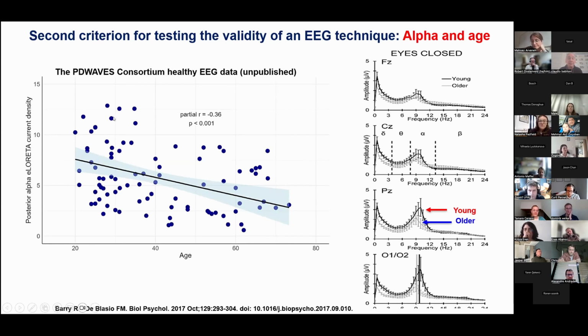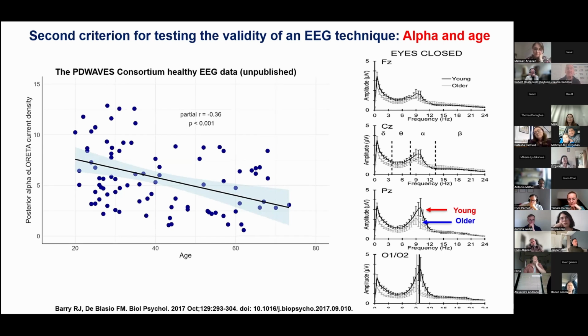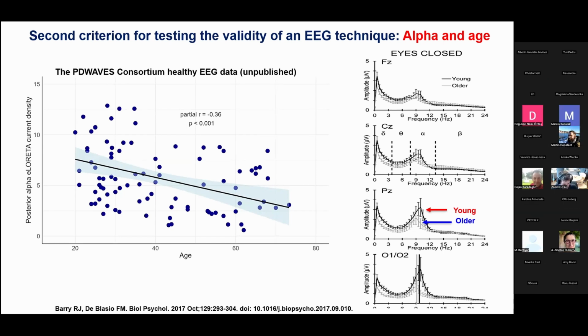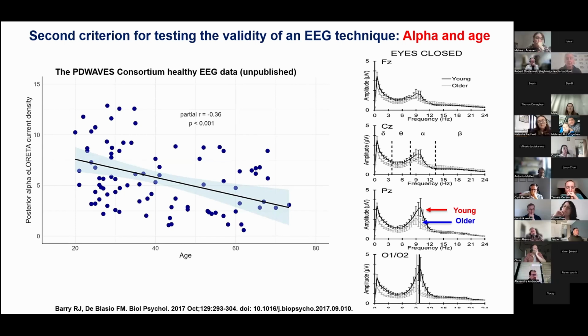And you see that typically you have a greater posterior alpha power density in younger people compared to older people. So ideally, if you have a valid high performance technique to remove artifacts, to compute the power density spectrum, and to disentangle aperiodic and periodic components of the spectrum, ideally you could increase this kind of association between alpha power density and age in healthy subjects. And this can be a criterion to compare different techniques to provide the power density, or to remove artifacts, or to disentangle aperiodic and periodic components.